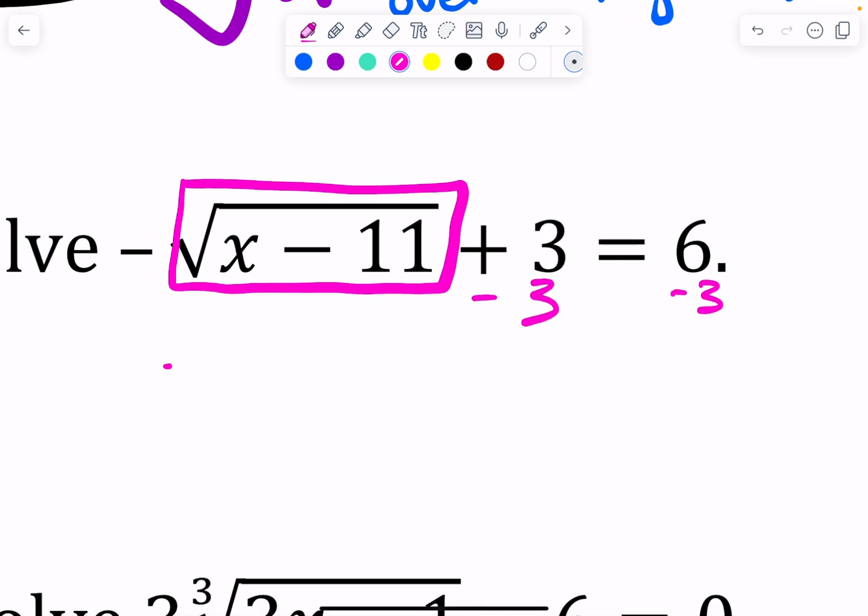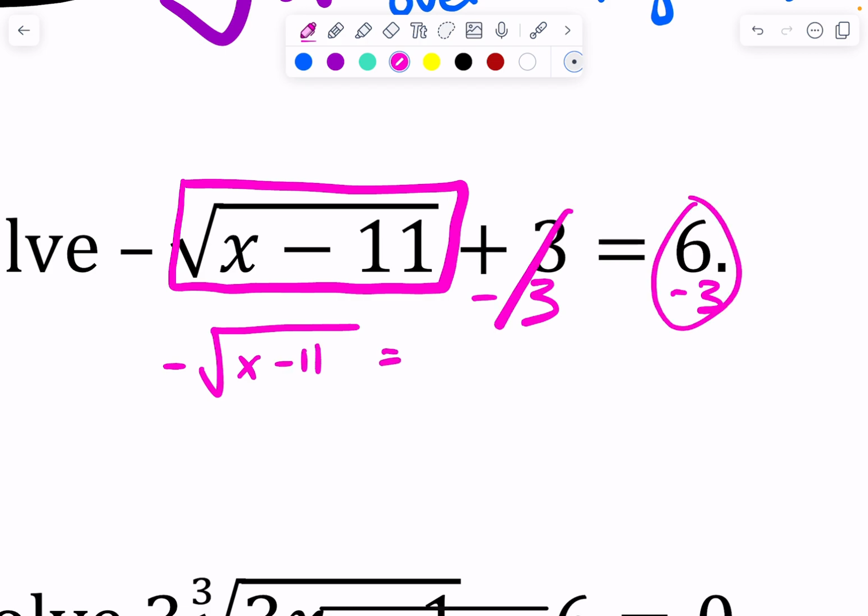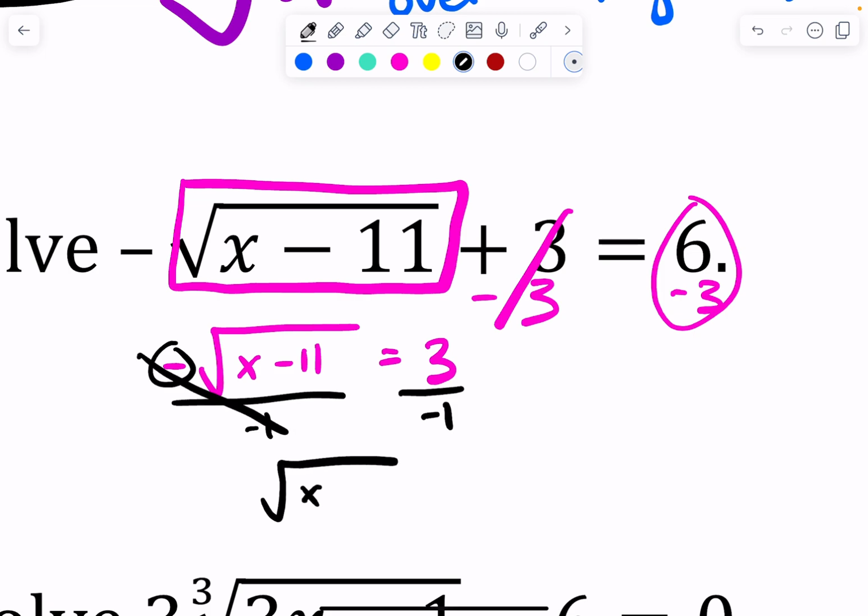So I've got negative square root of x minus 11 equals, this is going to go away, 6 minus 3 is 3. Now I'm going to divide by -1 to get that to go away. I've got the square root of x minus 11 equals -3.